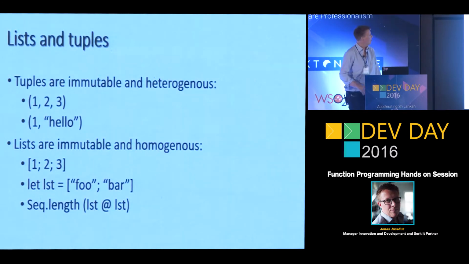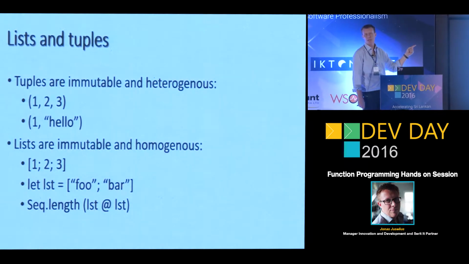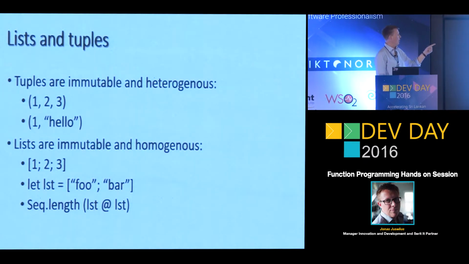Lists and tuples. Tuples are immutable and heterogeneous, so you can say, well, parentheses 1, 2, 3, or you can say 1, hello. Lists, on the other hand, are immutable also, but homogeneous. So you can only have the same type in a list. You can't say 1, 2, foo.